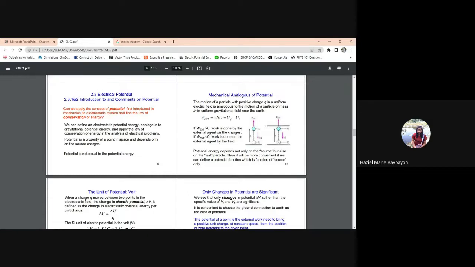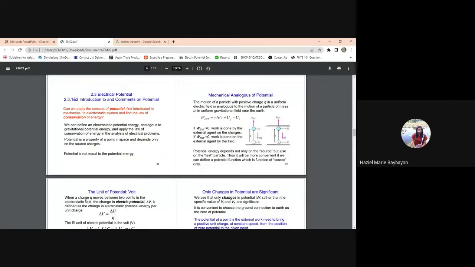For potential energy, the work done to a system is equal to the change in the potential energy. In mechanics class, we learned two types of potential energy: gravitational potential energy and elastic potential energy.